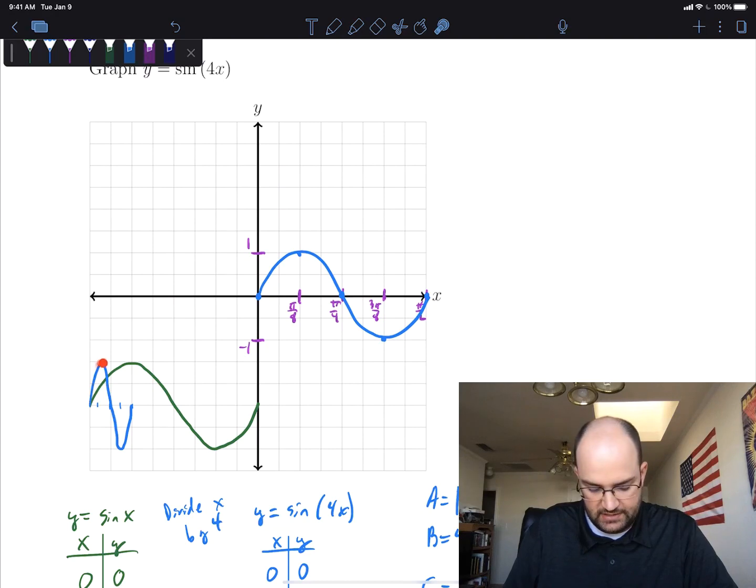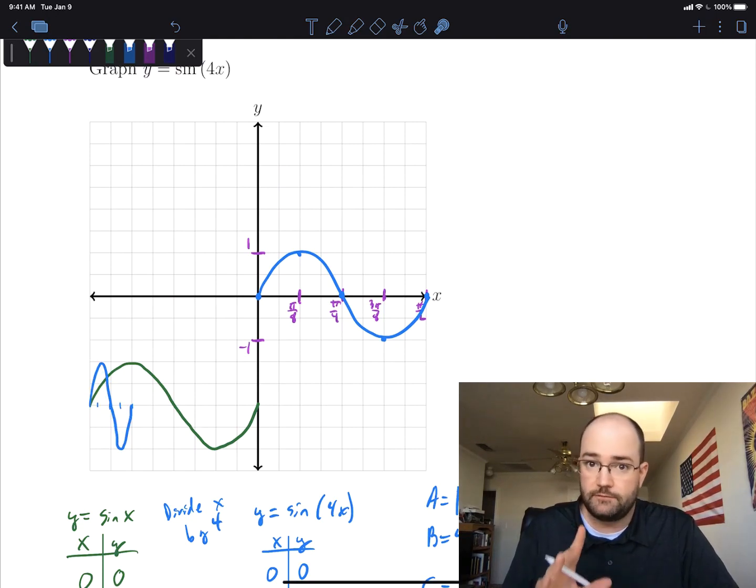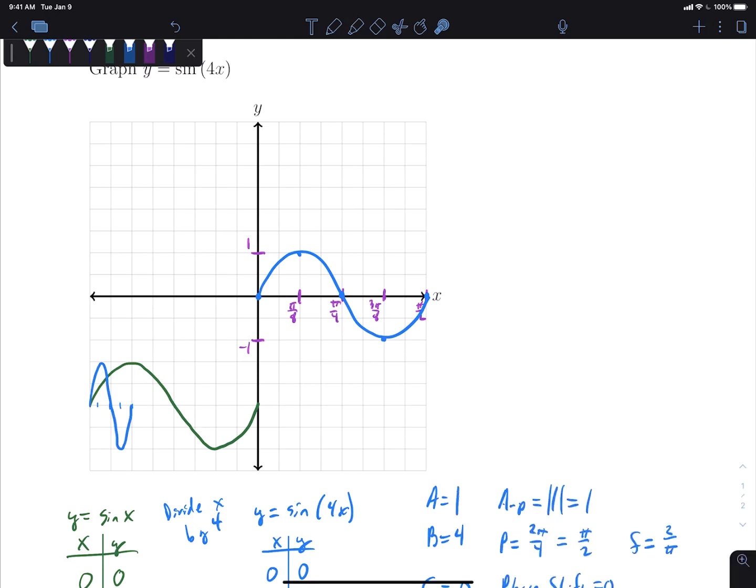So notice that this happens in a much shorter distance along the x direction. This is why the period is smaller. But the frequency is the number per how many ever units, which means that the frequency is much larger here. So the larger the frequency, the smaller the period, and the larger the period, the smaller the frequency. There's an inverse relationship there.